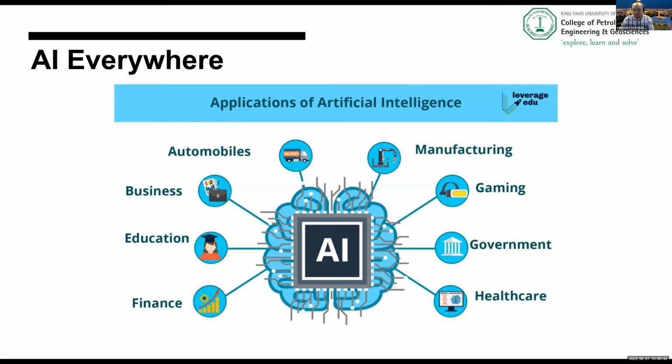Because self-driving cars are really a game-changing technology, right? So all the efforts, all the brilliant minds are getting together to use AI to solve these complex issues. So where is geoscience here? Just wait, and I will show you in a couple of slides where we actually use AI in geoscience.